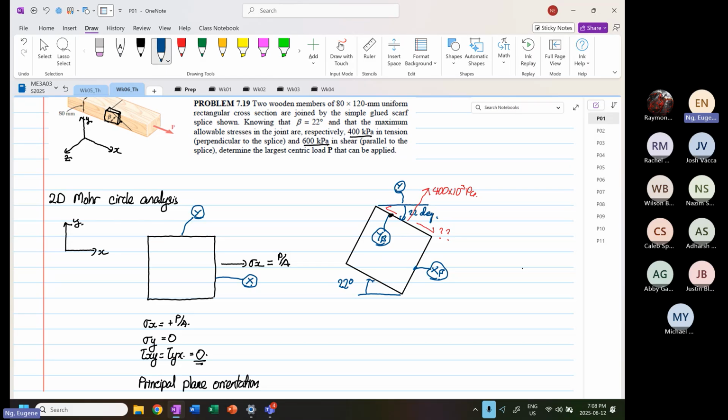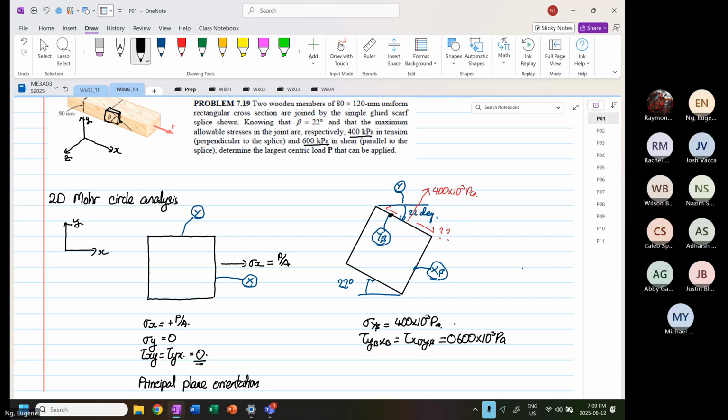The only values we know are that normal stress Y beta is equal to 400 times 10 to the power 3 Pascal. And we also know that shear Y beta X beta is equal to shear X beta Y beta, and this is equal to 600 times 10 to the power 3 Pascal.